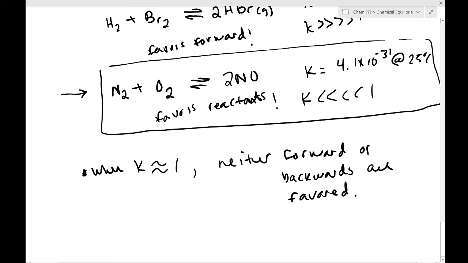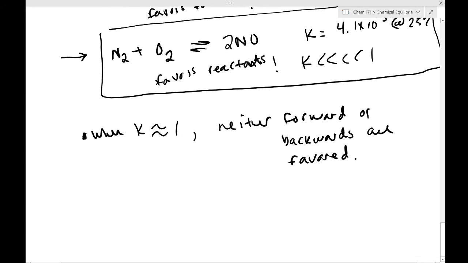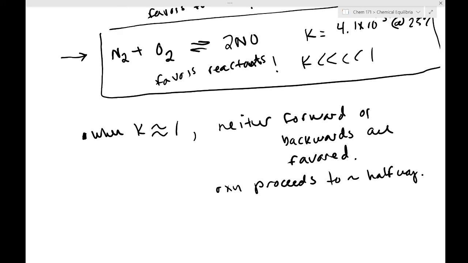Okay, neither the forward or backwards. And in this case, the reaction proceeds to about the halfway point. Okay, so about half of the reactants are consumed to produce about half of the products that can be formed.